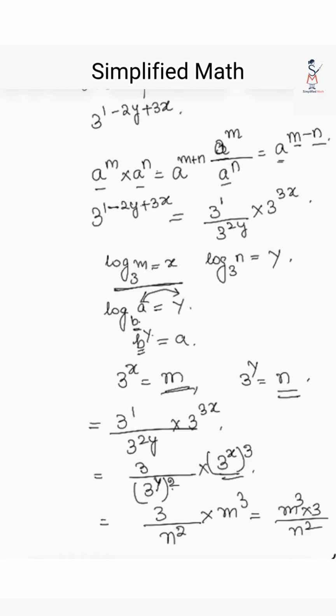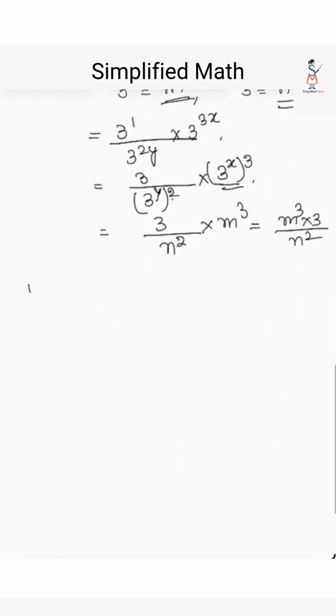Fine. Now the third one. What is the third one? 2 log a to the base 3 is 5x minus 3y. Okay, fine.